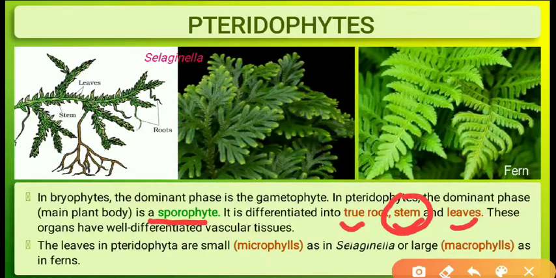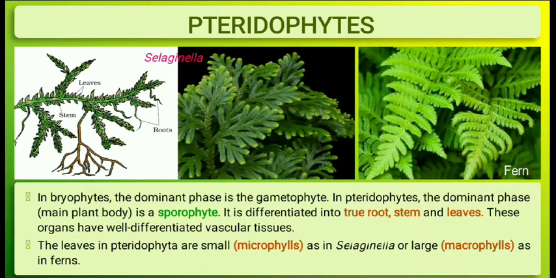But the reproductive organ is borne on the leaf, and such a leaf is called a sporophyll. The reproductive leaf is the sporophyll, and these organs have a well differentiated vascular system. The leaves in pteridophytes are small, called microphyllous, and in Selaginella they are large, called macrophyllous.